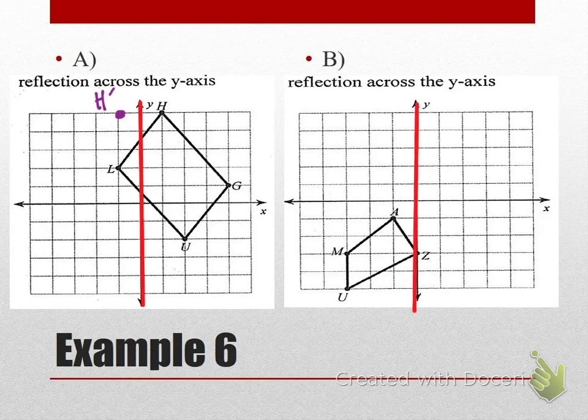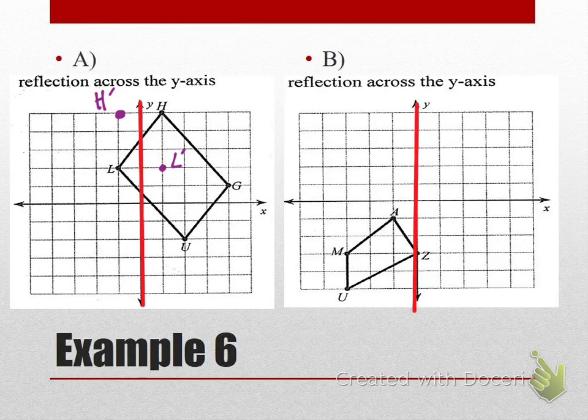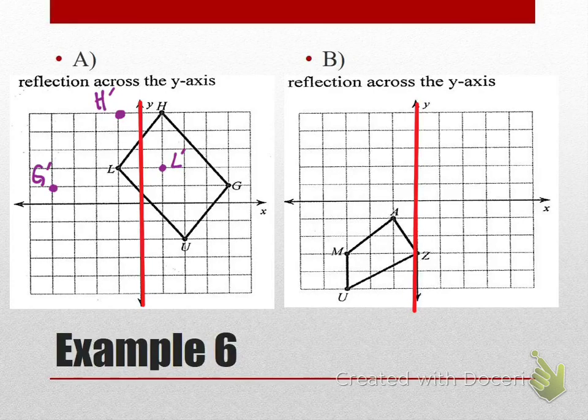Okay, we would keep it in line with L, but move it 1 to the right of our line of reflection. G prime? Left. Okay, we'd go in line with G, but we would go left 4 for G prime. And what about U prime? Left. 2 to the left. Keep it in line with U.